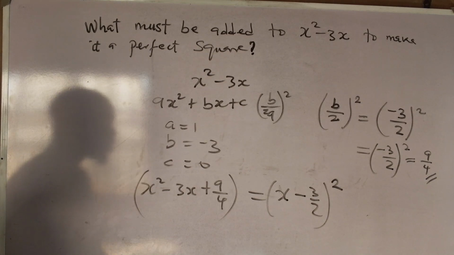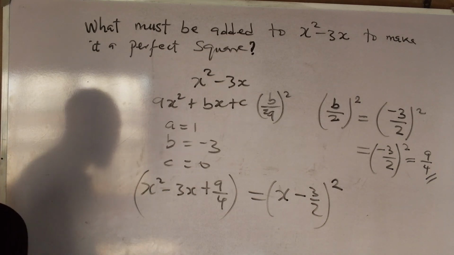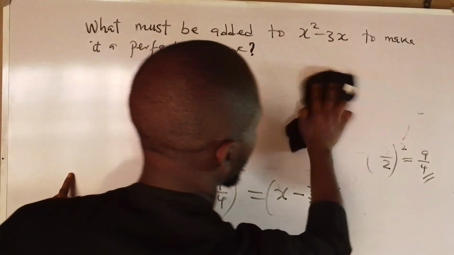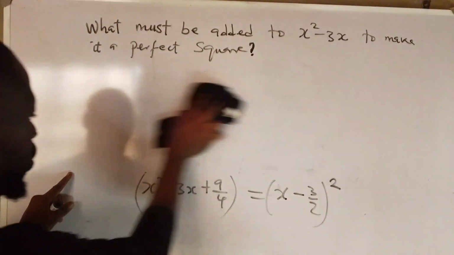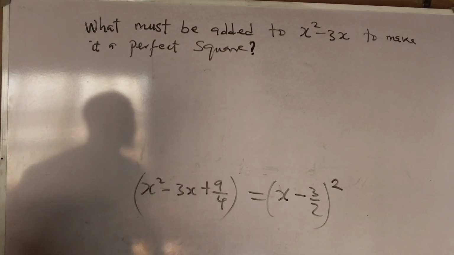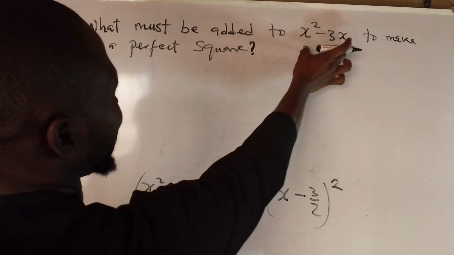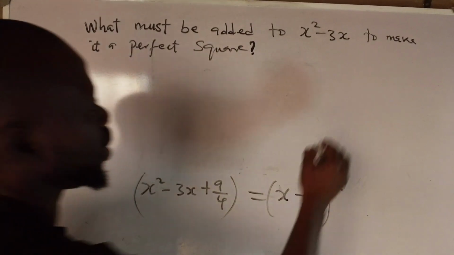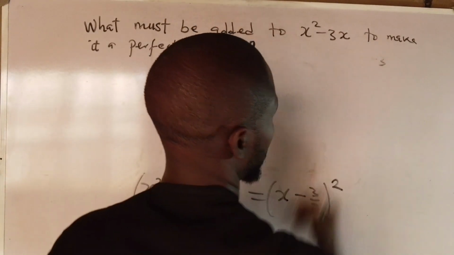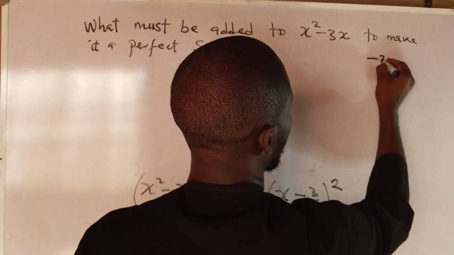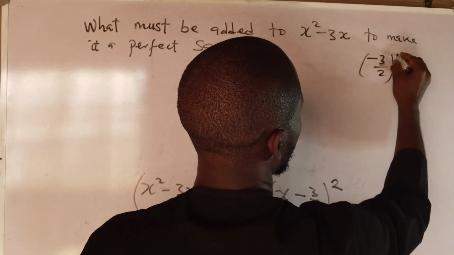If you are confused, let me show it. What must be added to this to make it a perfect square? We said it is minus 3 over 2 squared.